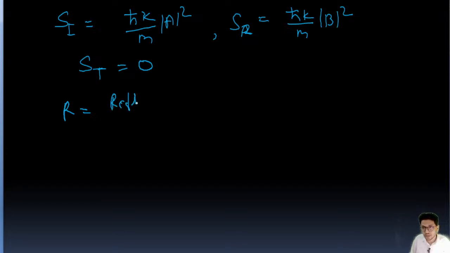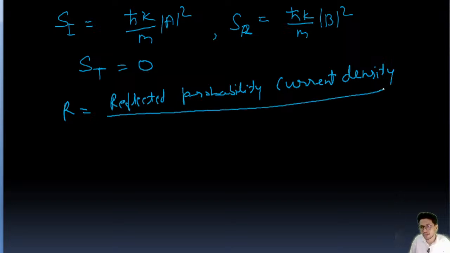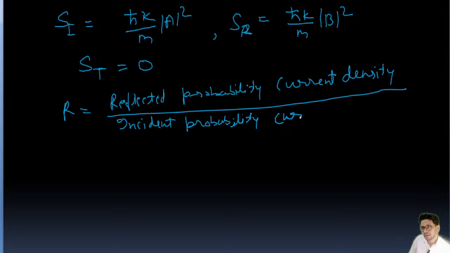So R is the reflected probability current density, S R, upon the incident probability current density, S I. This is a very important formula.